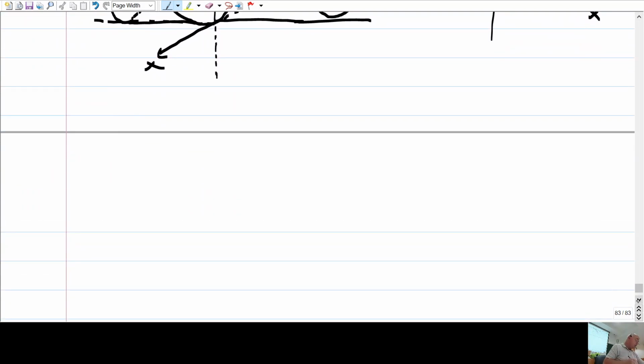What about this one? X squared plus y squared plus z squared equals 25.